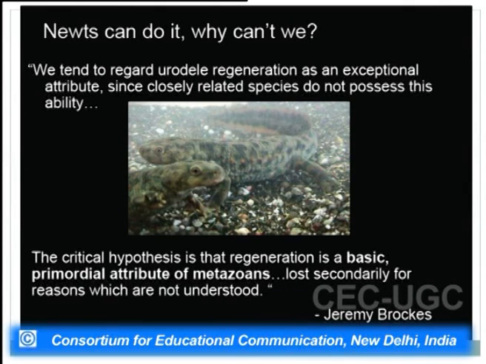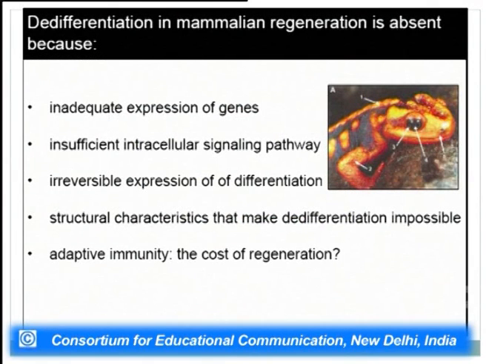Looking at the difference in mechanism, de-differentiation in mammalian regeneration is absent because of inadequate expression of genes, an insufficient intracellular signaling pathway, irreversible expression of differentiation, structural characteristics that make de-differentiation impossible, adaptive immunity, or the cost of regeneration: is it important that we regenerate the missing part or not?